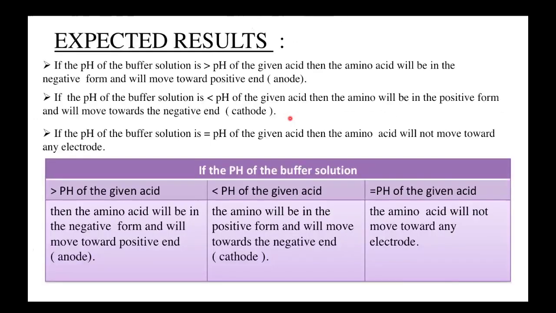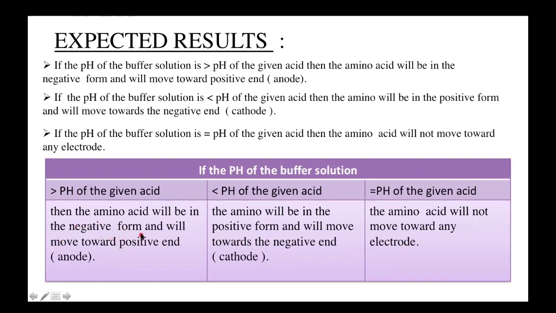Next, based on the results, the expected outcomes will be one of these three cases: the pH of the buffer solution is greater than, less than, or equal to the pH of the amino acid.